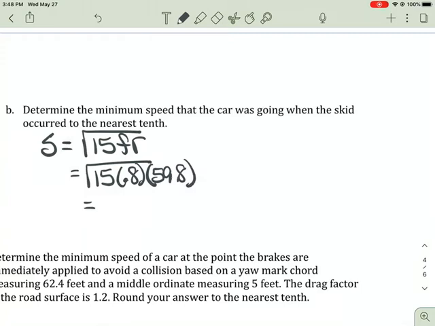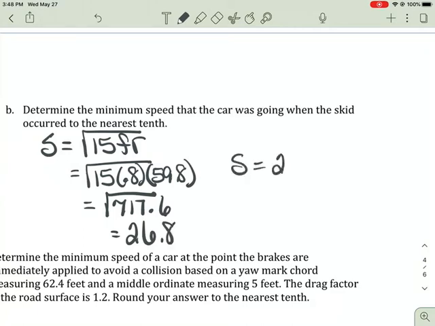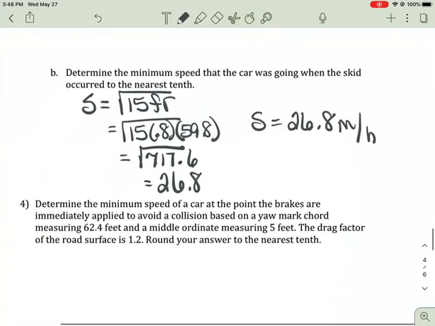All right, so 15 times 0.8 times 59.8. We're going to get 717.6, and then we're going to take the square root of that answer. And we're going to get about 26.8. Okay, so our speed is 26.8 miles per hour.